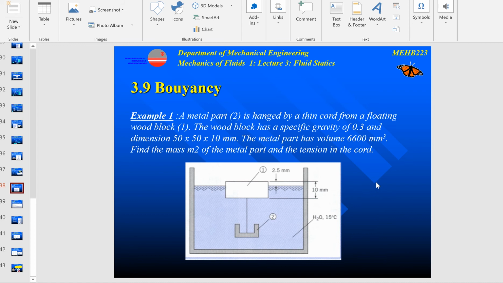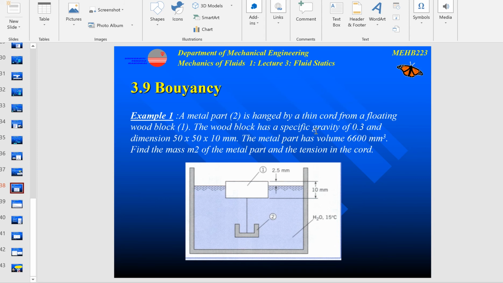So let's do the example. We have a metal part, which is labeled 2 here, and the metal part is hanged by a thin cord from a floating wood block. This is the wood block, the white color. The wood block has a specific gravity of 0.3 and dimensions of 50 times 50 times 10 millimeters.